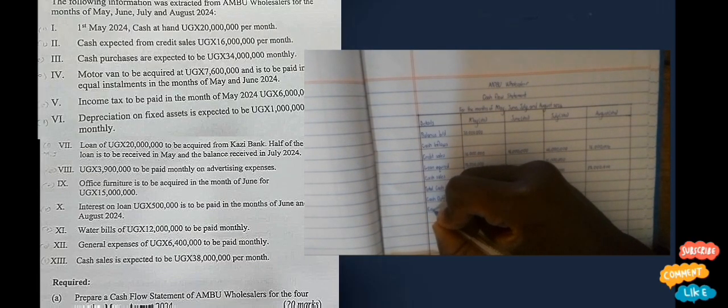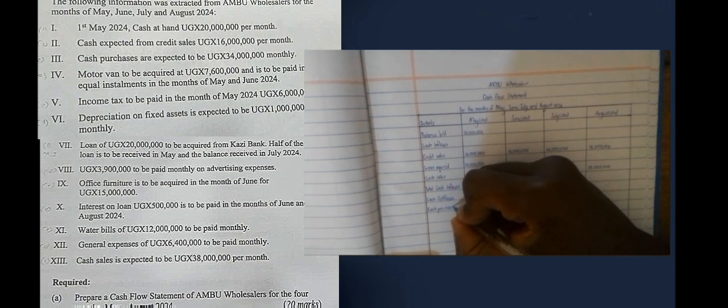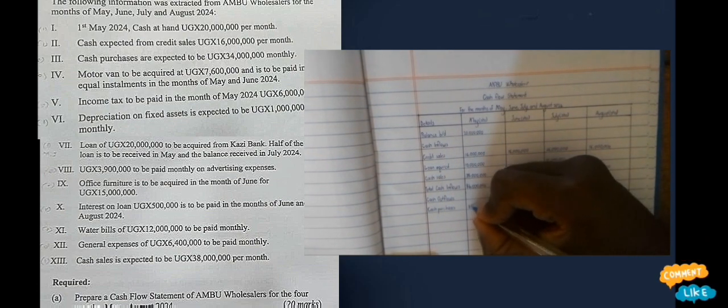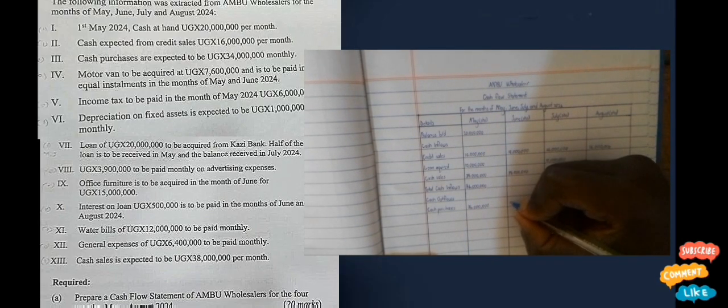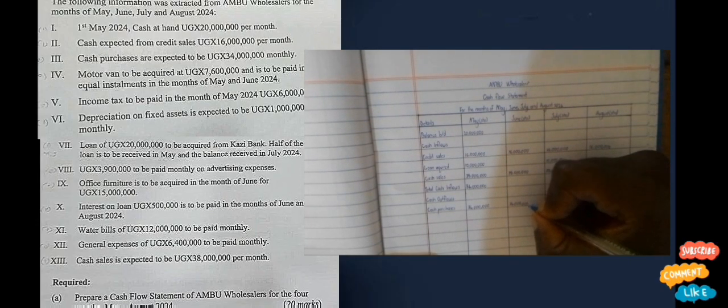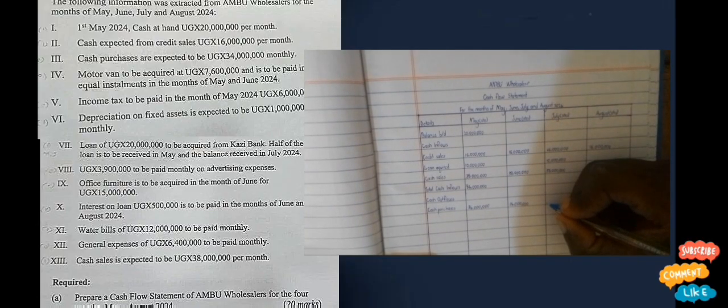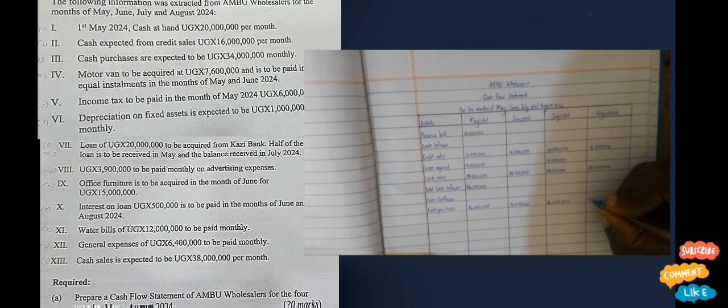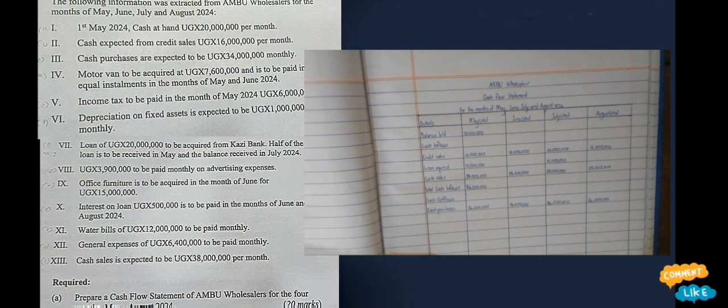So that is going to be cash purchases, 34 million in every month. Yeah, that is 34 million monthly.